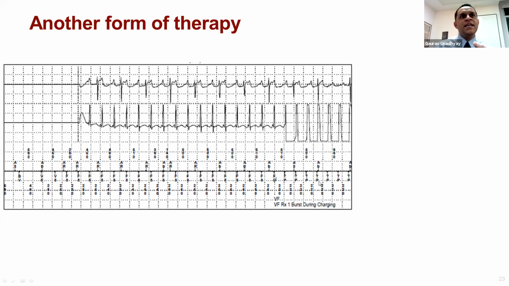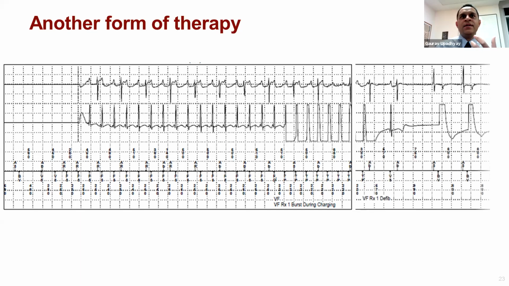And here we have TP, or tachycardia pace. This is another type of therapy that the device has in its armamentarium besides the shock. So it's delivering anti-tachycardia pacing. That anti-tachycardia pacing was in fact successful, and the arrhythmia terminated.